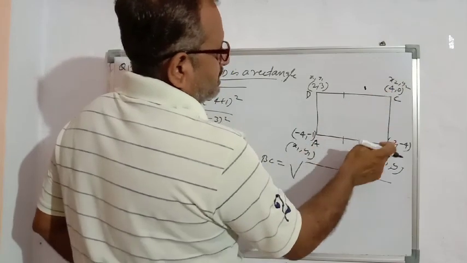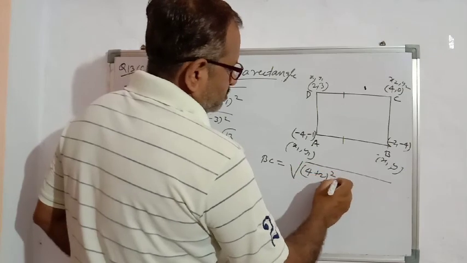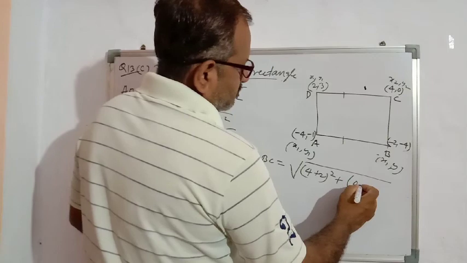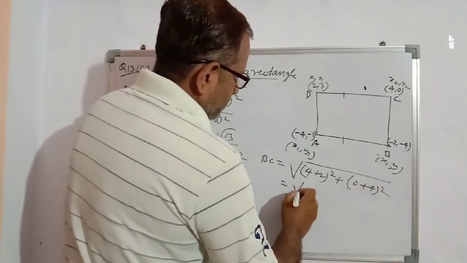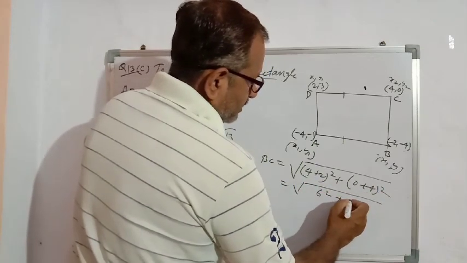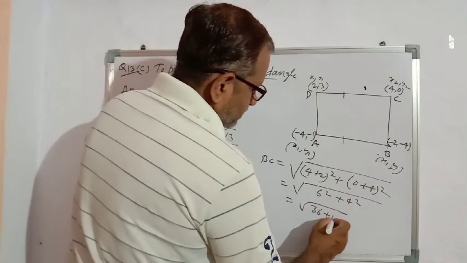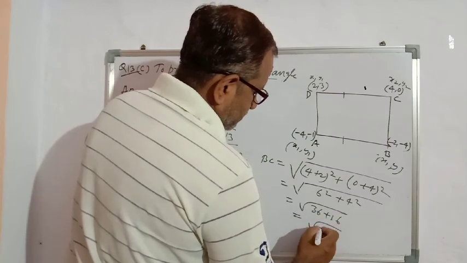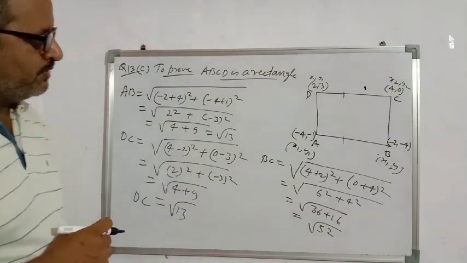So x2 minus x1, 4 minus minus 2, so 4 plus 2 square. y2 minus y1, so 0 minus minus 4, 0 plus 4 square. 4 plus 2, 6 square, 4 square. So 36 plus 16, root 52. So BC is equal to root 52.